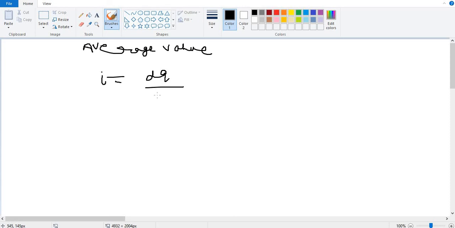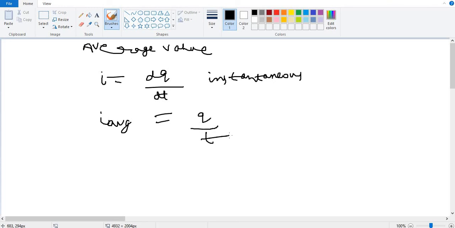As we already know, this is when the current is instantaneous. When the current is instantaneous, then I is equal to dq by dt. So from here we can write the average current formula. I average is nothing but q by t. So this is the formula for I average.